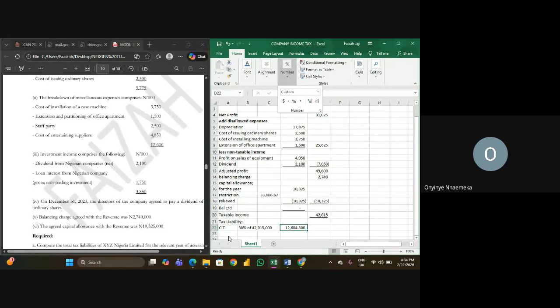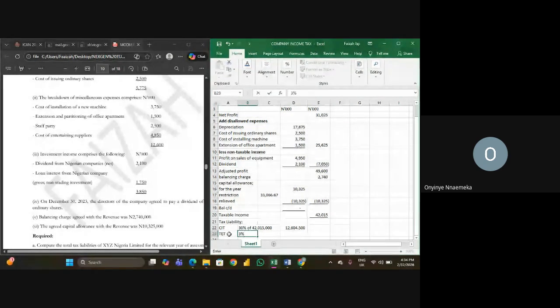Okay, tertiary education tax. TET is how many percent in 2023? I think it's already 3%. 3% of assessable profit, which will be the same thing as adjusted profit because we don't have loss. Do you get? So of 49600.